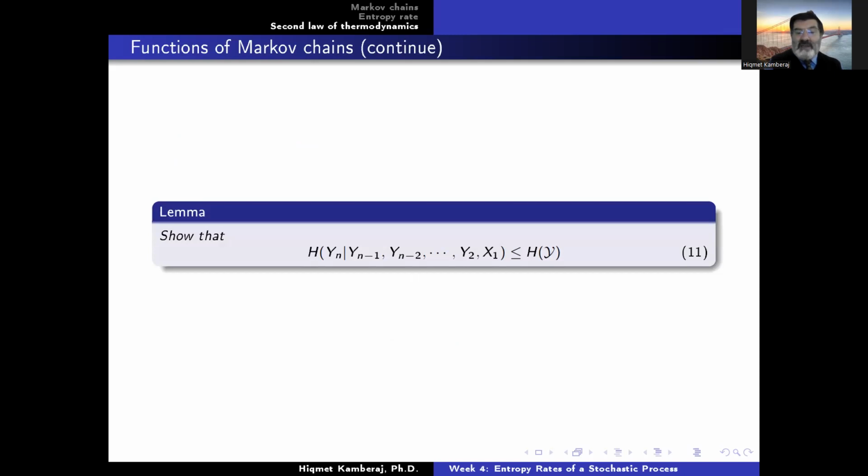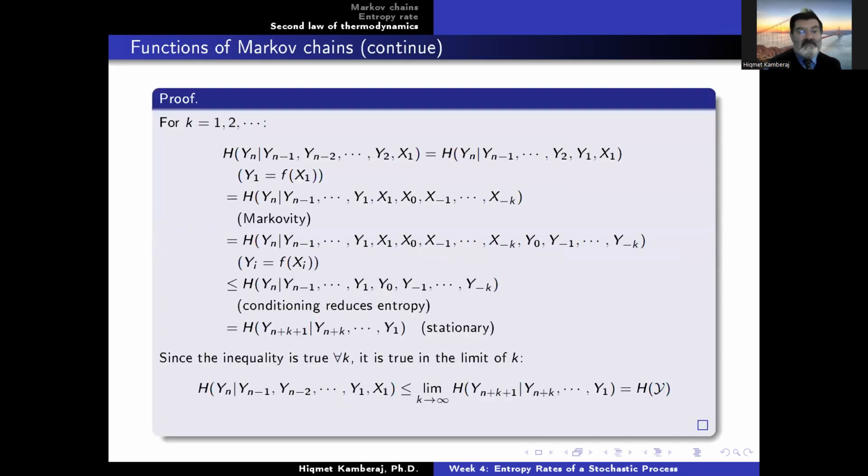Now the lemma shows that the entropy of Yn given Yn-1, Yn-2, up to Y2, X1 is less or equal to the entropy rate of epsilon. Now to show this one, for k equal to 1, 2, and so on, we have the following. The h of Yn given Yn-1, Yn-2, up to Y2, X1 is equal to, if we assume that Y1 is equal to f of X1, h of Yn given Yn-1 and so on up to Y2, Y1, and X1.